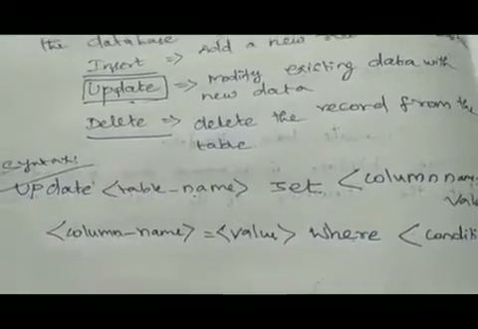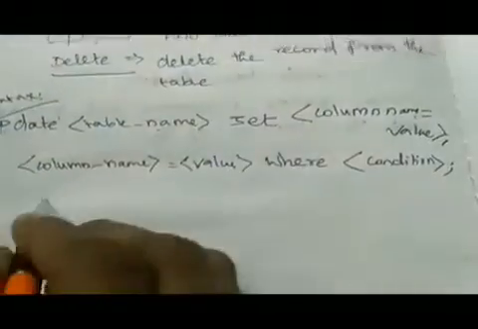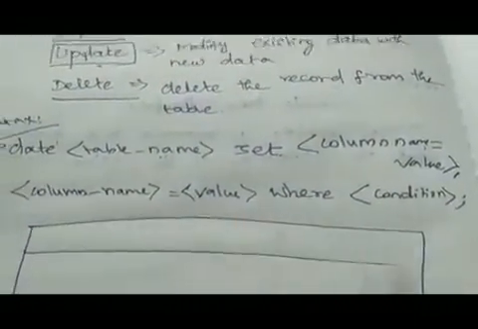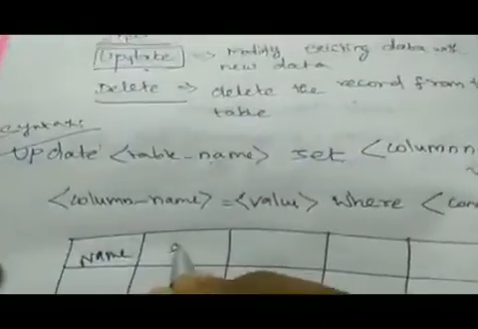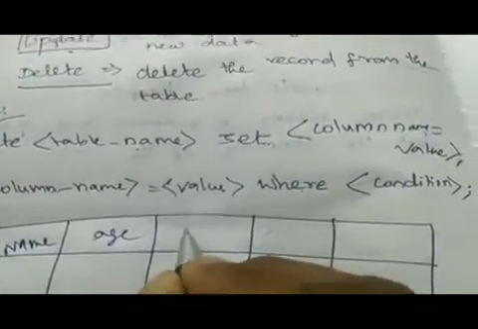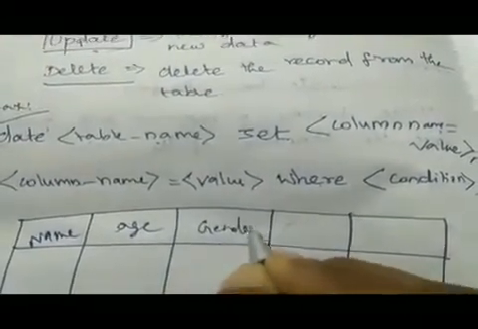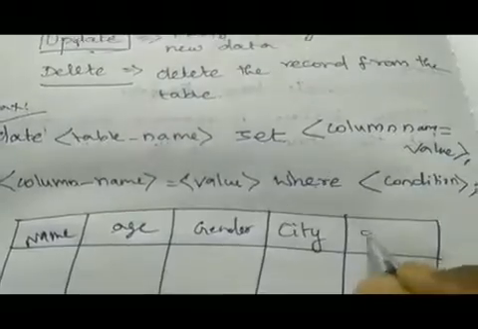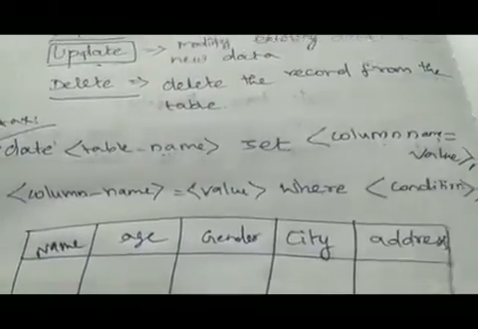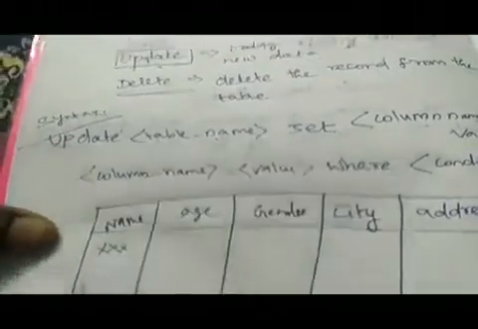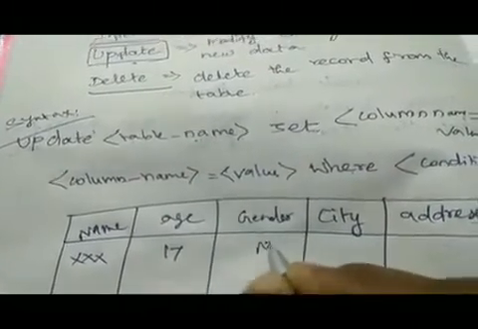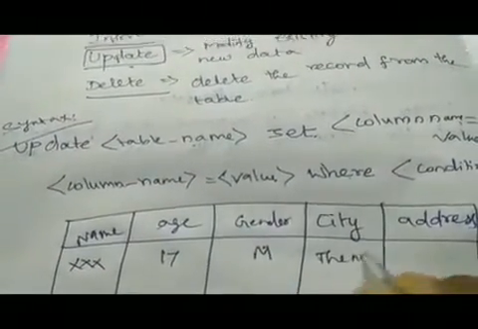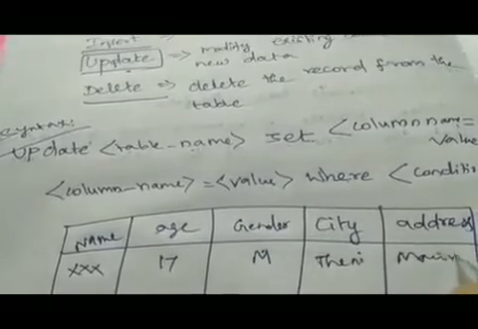So already what is our table? We have 5 columns. What are the columns? Name, age, gender, city, address. So here name is XXX, age is 17, gender is male, city Theni, we put main road or something else.